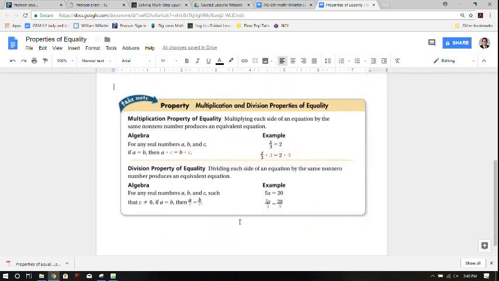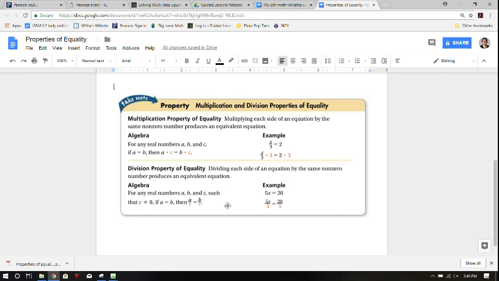And those same properties are true for multiplication. For 3 numbers a, b, and c, if a equals b, then a times c is the same as b times c. And then division as well. 3 numbers a, b, and c, where c cannot be 0 because you can't divide by 0.